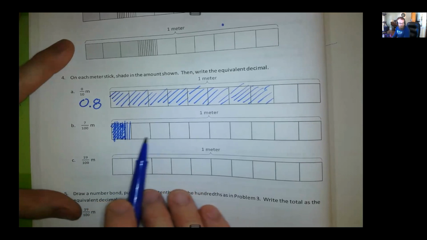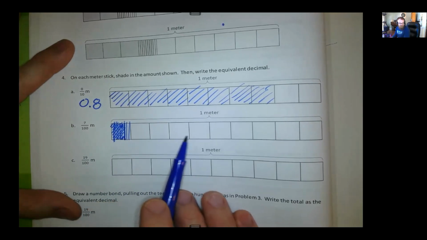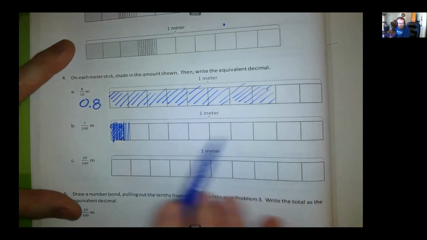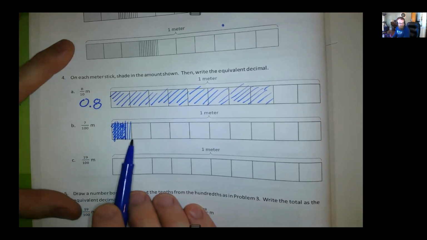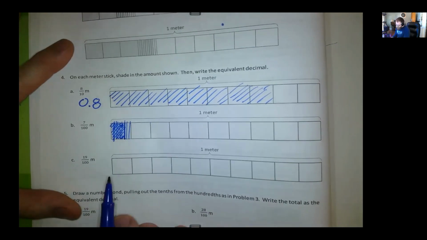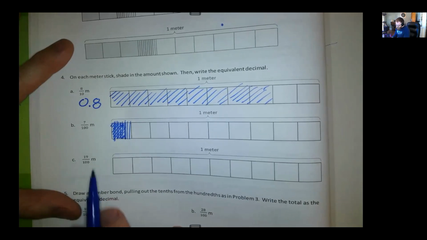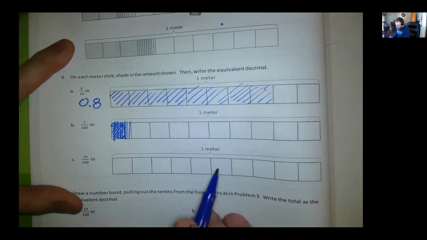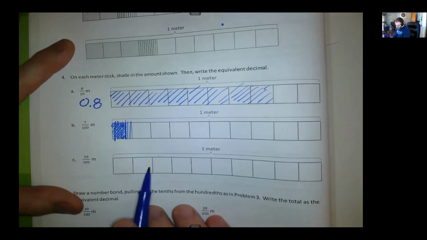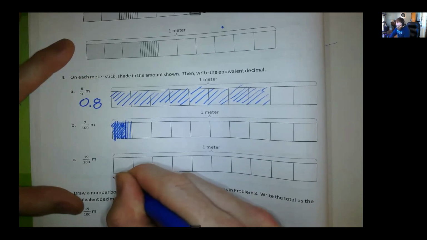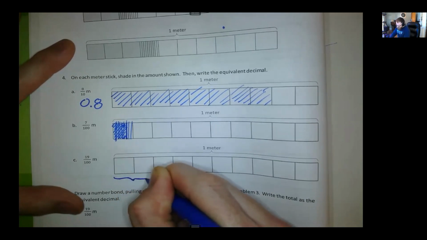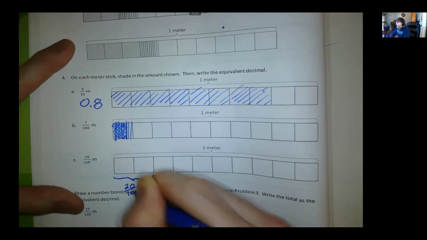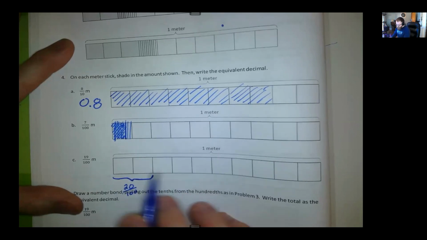And one of these equal spaces represents 10/100ths or 10 centimeters. So 7/100ths has to be less than that. And 19/100ths of a meter, if each of these is 10/100ths, 19/100ths will be just less than 20/100ths, which is 2 of these equal spaces put together.